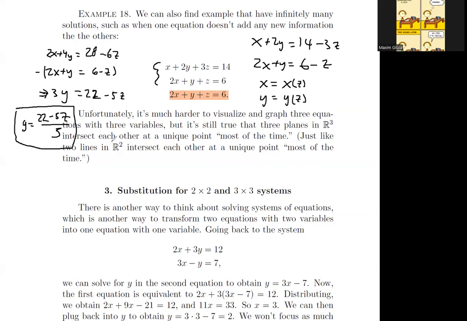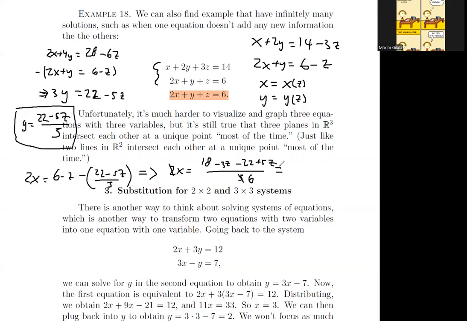And now I could plug back in for x. So 2x is going to be 6 minus z minus 22 minus 5z over 3. So that means that 2x is, if I have a common denominator, 18 minus 3z minus 22 plus 5z all over 3. And let's actually divide both sides by 2 and change this to 6.